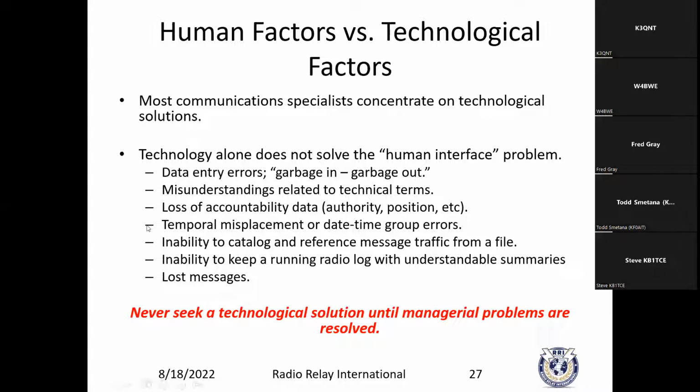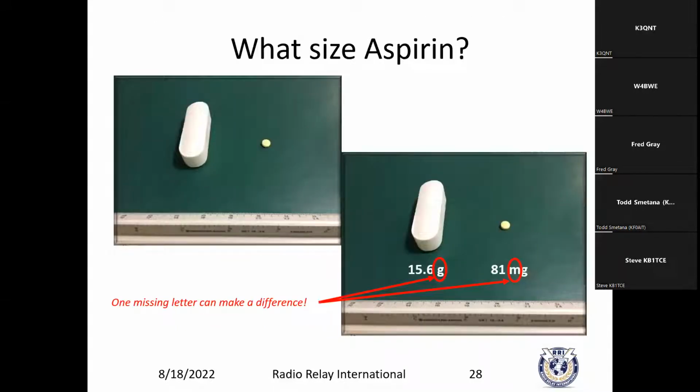And this is why RRI encourages traffic handling, not so we, well, I guess it is so we can have a little bit of fun pushing radiograms around. But the value in that radiogram to your grandma, wishing her a happy birthday, is not so much in the message. You can send that via email or call her on the phone. The value is in the drill. The value is in learning the process and having it become second nature, so that none of these errors occur.